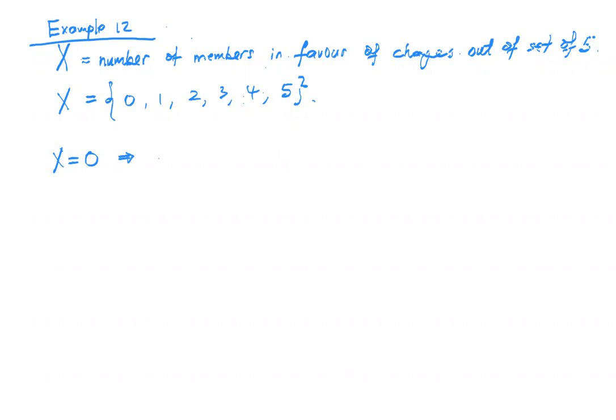What does that mean? You must know how to write in words. If you don't know how to write in words, a lot of interpretation will be wrong. What does that mean?